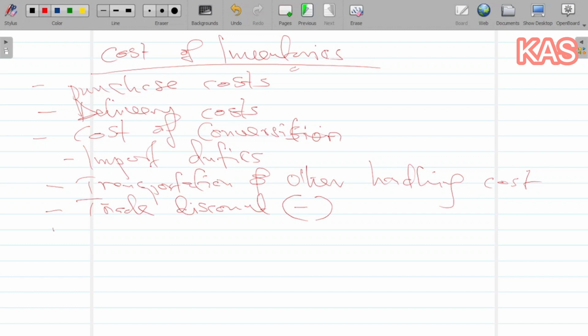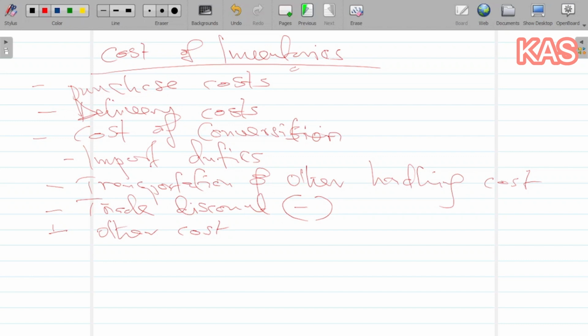You are going to remove it from the inventory. Then the last one is any other costs incurred in bringing the inventories to their present location and condition. So when you are calculating the cost of inventory, you have to include all these items. Everything must be included to arrive at your cost of inventory.